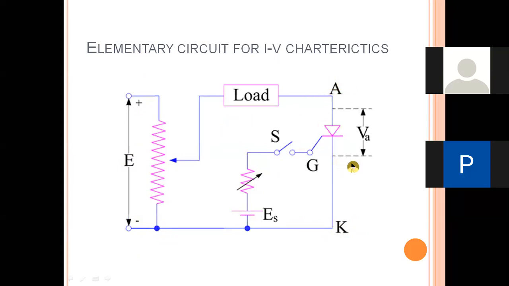J1 and J3 are going to be reverse biased and J2 is going to be forward biased. As two junctions are reverse biased, with one junction forward biased, the two reverse biased junctions are going to have a small amount of leakage current.